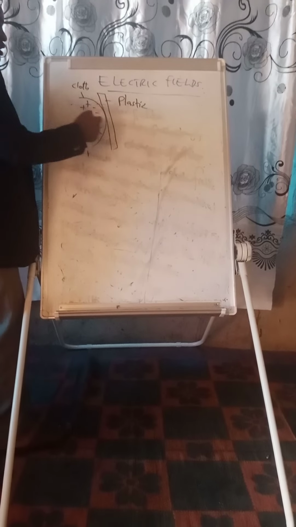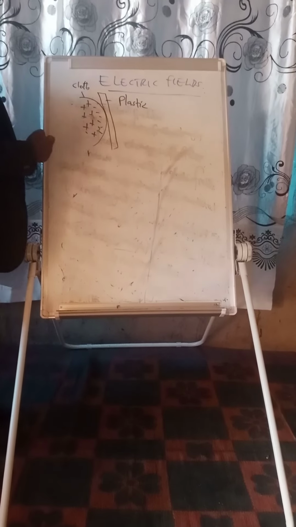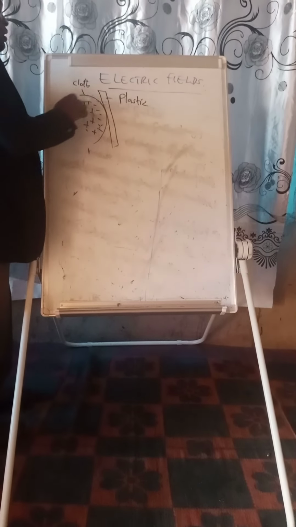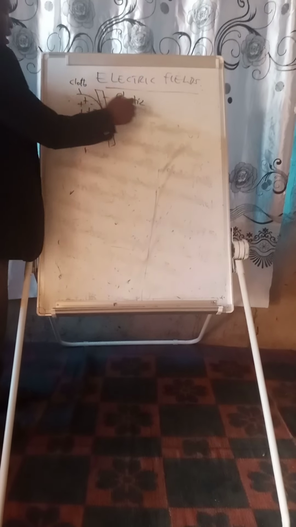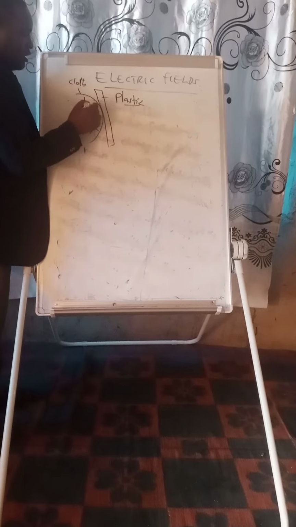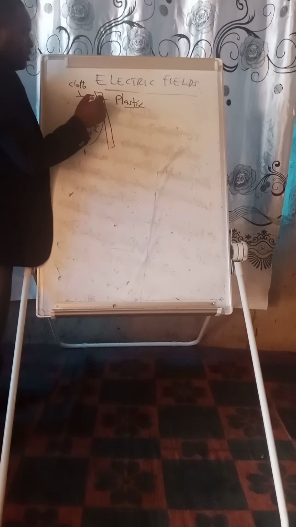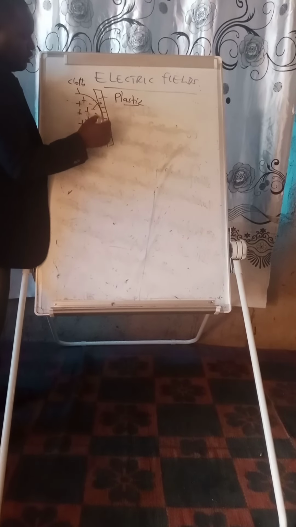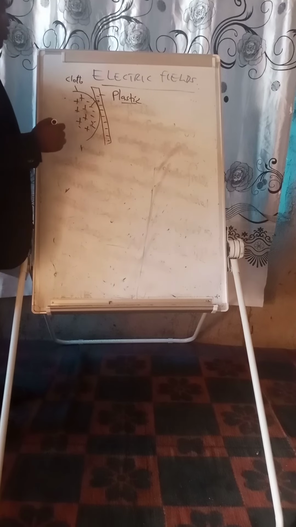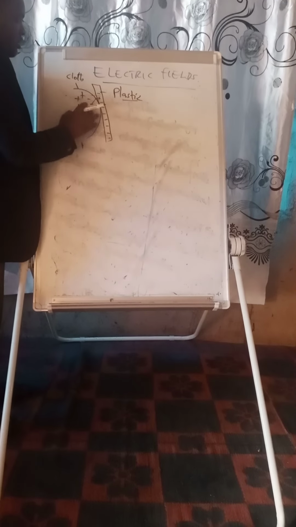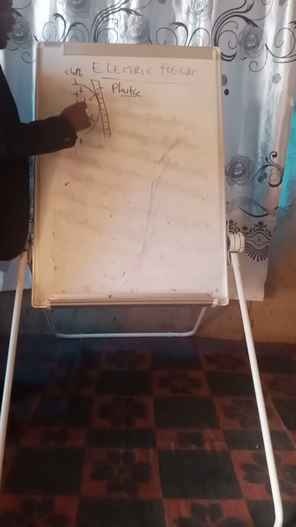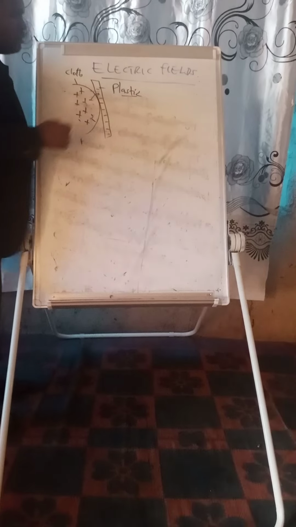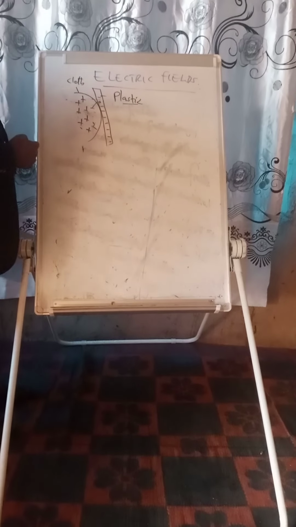So these electrons, or negatively charged particles, will move to the other material, which is plastic. So the negative charge will move here, and this plastic material will be negatively charged. Now in this cloth there is no negative charge. All negative charges have transferred to the plastic material.